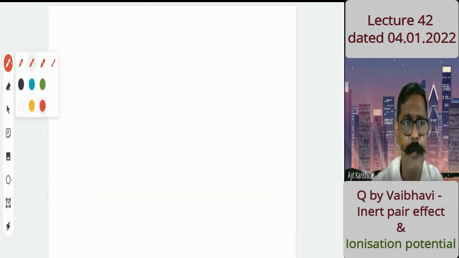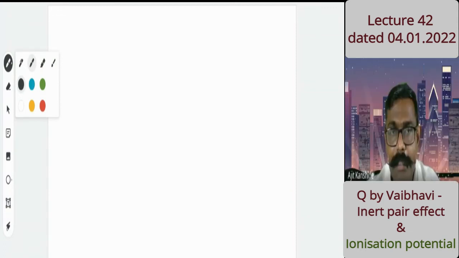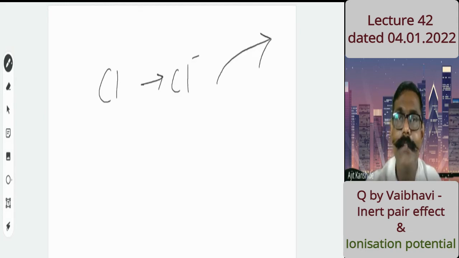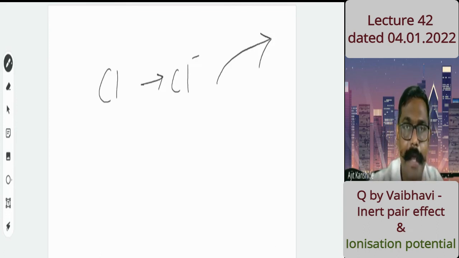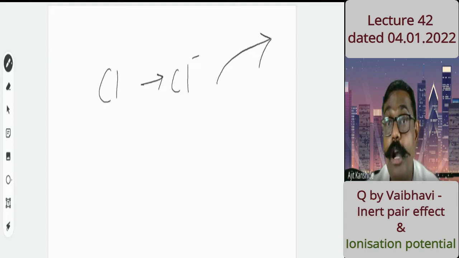One answer. I'm not happy with the one answer. Yes, sir. Loss of energy. Yes. When there is a gain of electron, energy will be lost. And that energy is called enthalpy change during electron gain, or in a general way, electron affinity. Is this point clear?